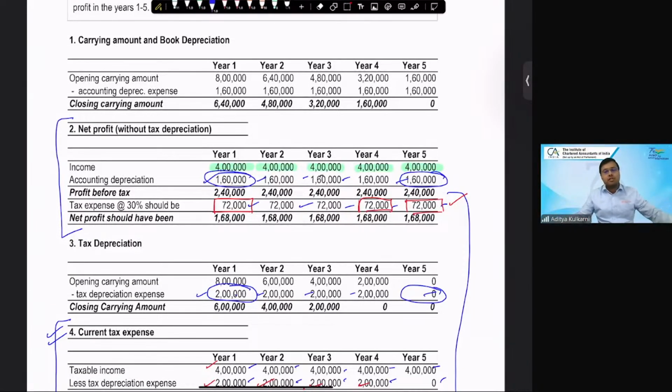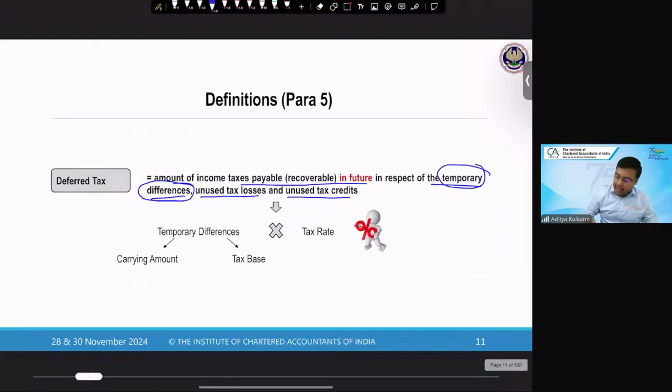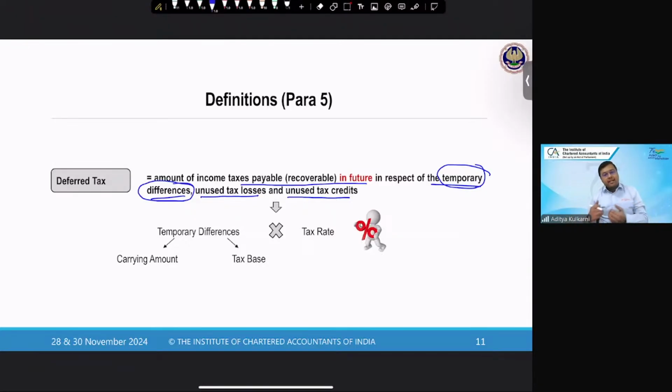Because in the future, the difference gets eliminated, knocked off, adjusted, set off. The difference becomes zero. And therefore, because of this difference, today I am having a higher tax.